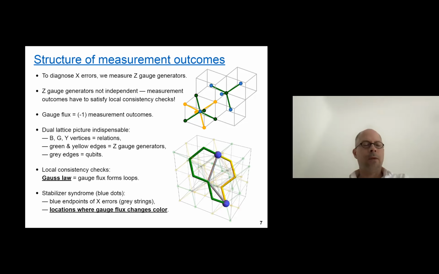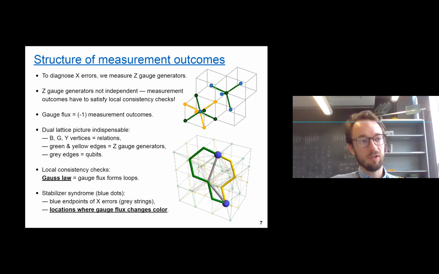Okay, thank you. And so you have this structure where you have these closed loops, and it turns out that a -1 stabilizer generator outcome corresponds to where the flux changes color. You can again show that this will be the case just by looking at the examples. So the structure of the error correction is this: let's assume there are no measurement errors, just to start with.